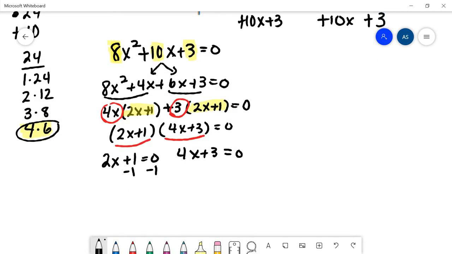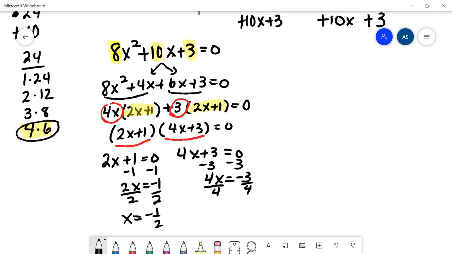So subtract 1 on both sides, 2x is equal to negative 1. Divide by 2, x is equal to negative 1/2. You're going to subtract 3 over here. 4x is equal to negative 3. Divide by 4, x is equal to negative 3/4. So these are going to be the solutions to the equation.